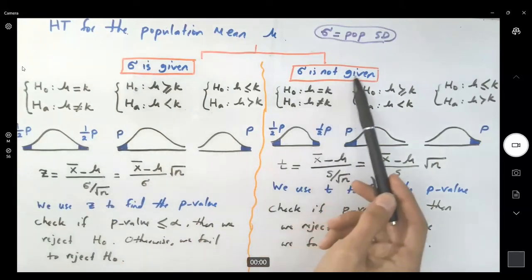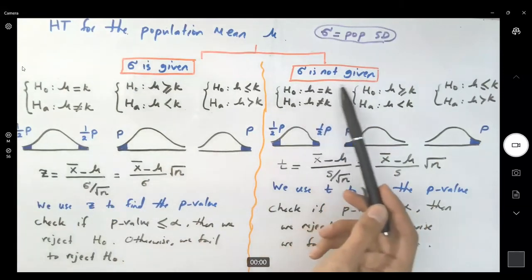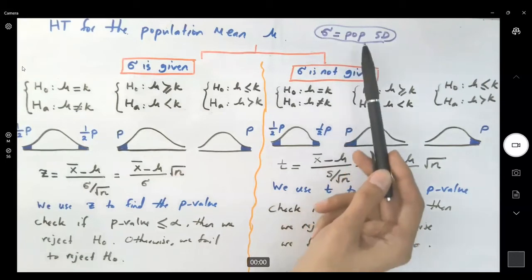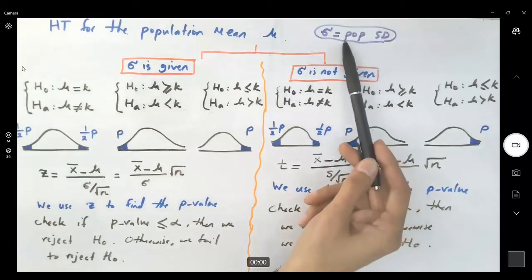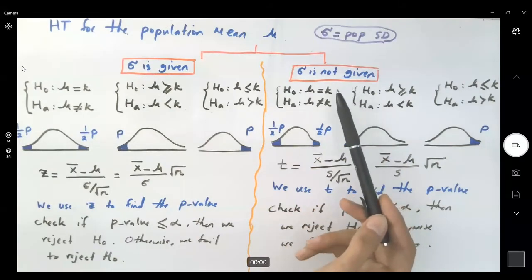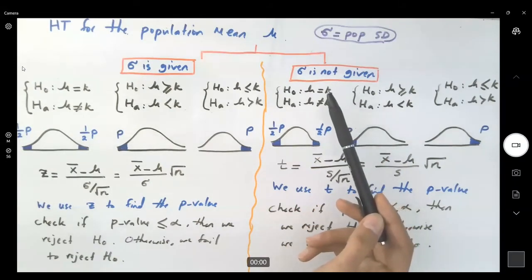In many scenarios, sigma is missing. In many real-life projects, you do not have sigma, the population standard deviation. Instead, you have a sample and you can calculate the sample standard deviation.